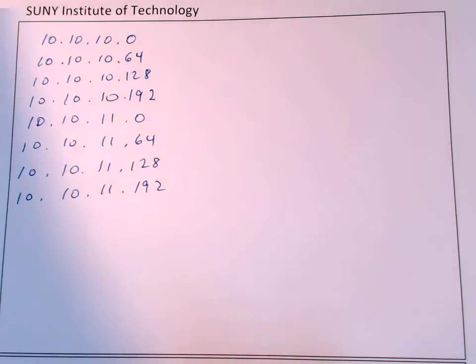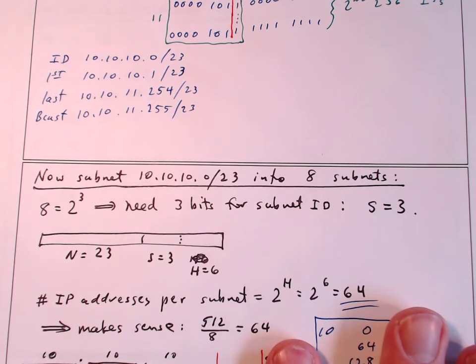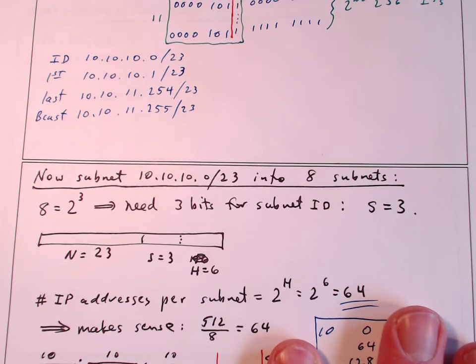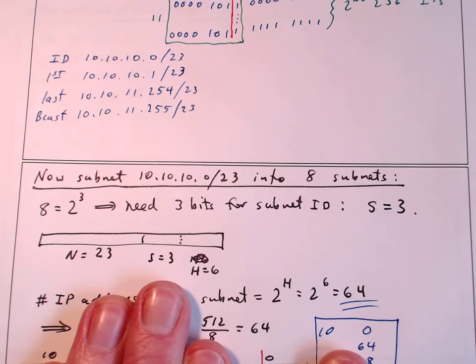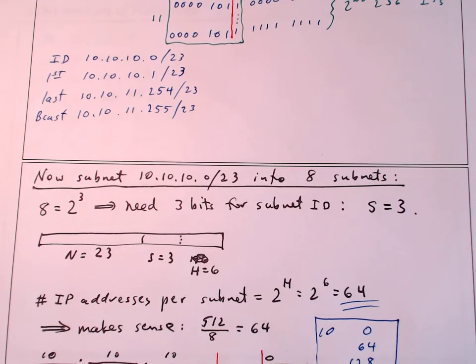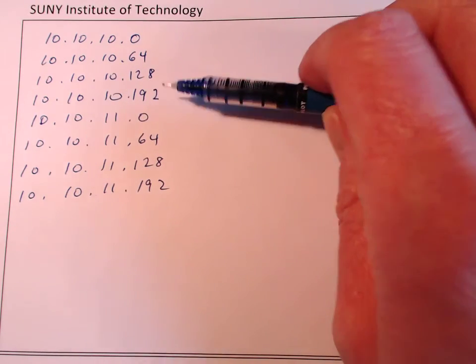And again, these come from setting all the host bits to 0 and looking at these 8 bits for the third octet and these 8 bits for the fourth octet, where the last 6 are all zeroed out because we're writing down the subnet ID. And when these first 2 bits step through like this, we get this pattern: 0, 64, 128, 192.